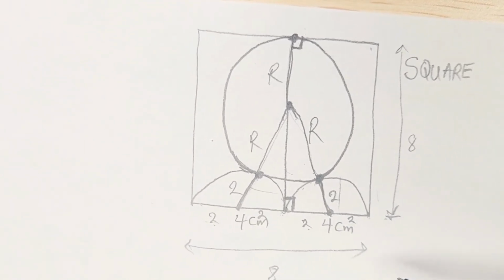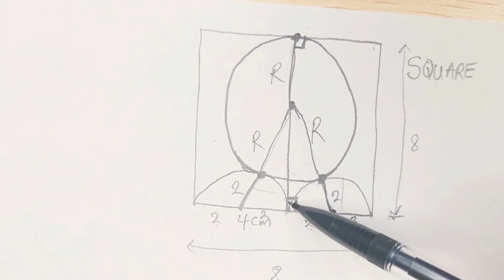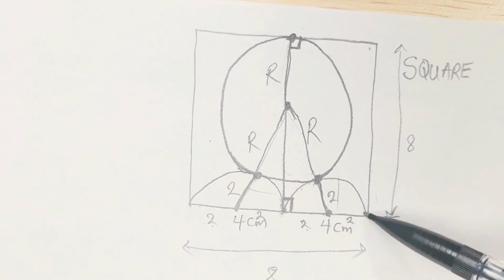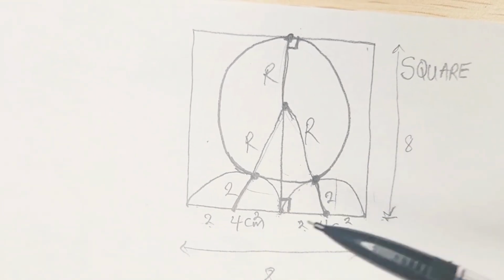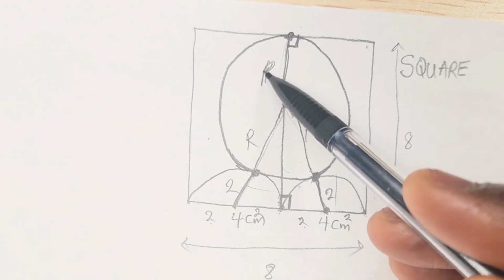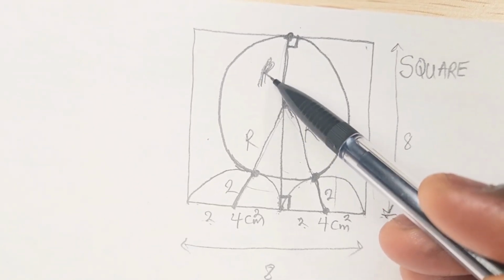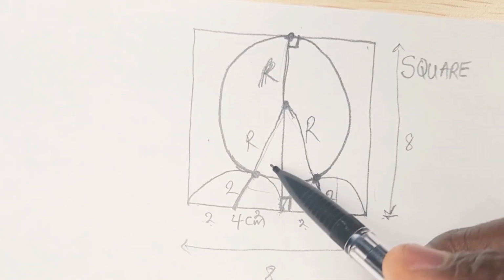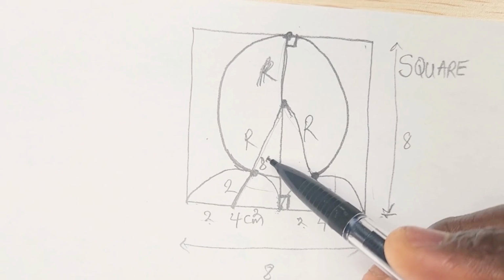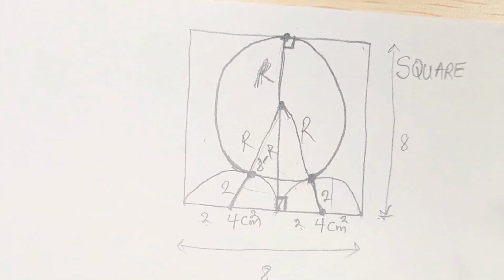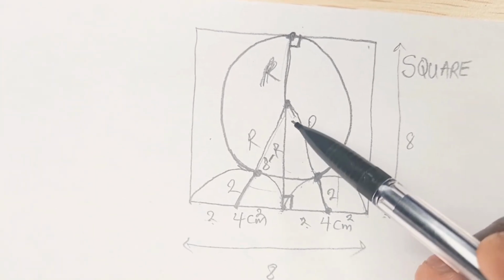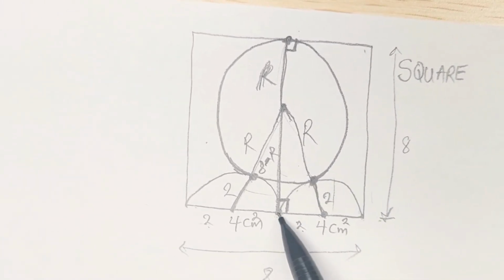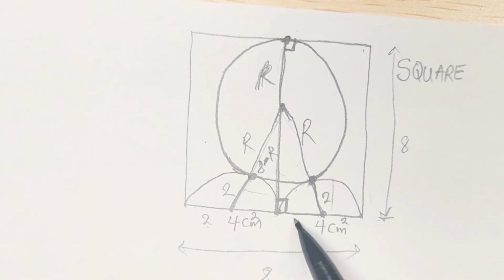Now we know this entire length is also equal to this entire length, 8. This radius is represented as R. Therefore, from here all the way down here would become 8 minus big R. So we have this length, 8 minus big R. We have this length, which is 2.